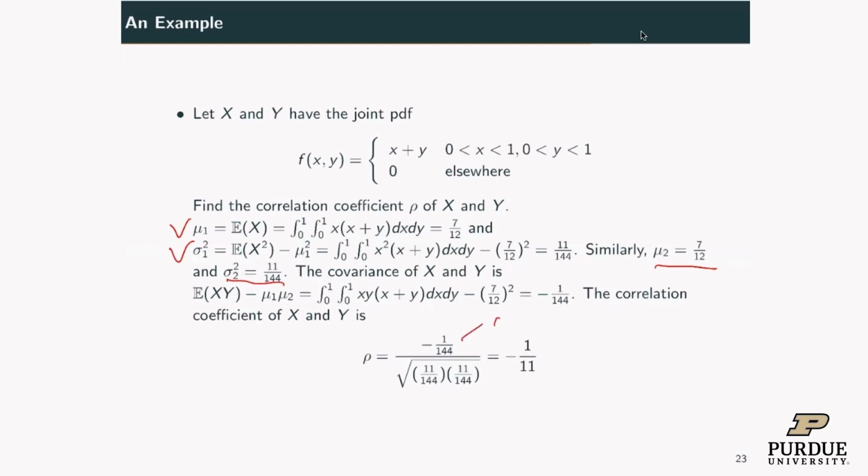The numerator is covariance. The denominator is the square root of variance of X times variance of Y. So it's the standard deviation. Don't forget the square root of variance. So we get the correlation coefficient between X and Y is negative 1/11.